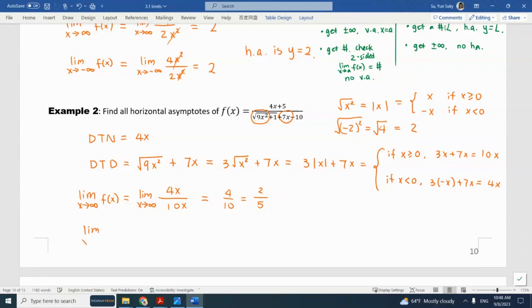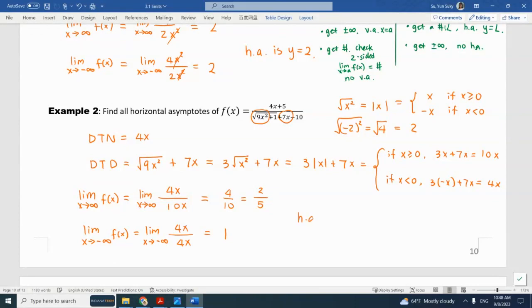And on the other hand, when x goes to minus infinity, what's your numerator? 4x. But what's your denominator? 4x. What do you get? 1. Oh, we get different numbers.